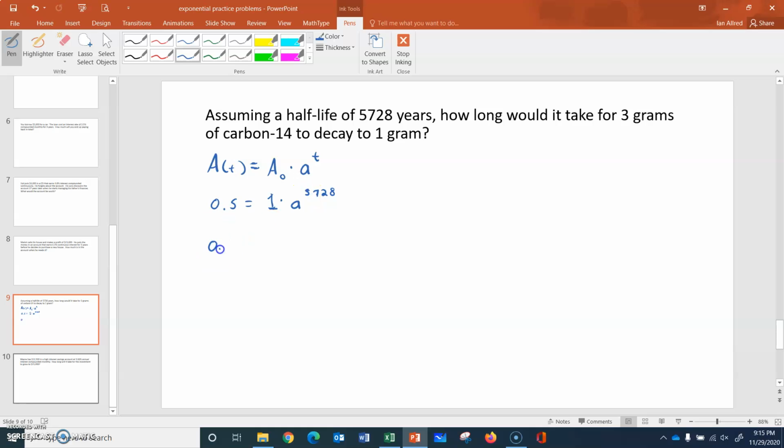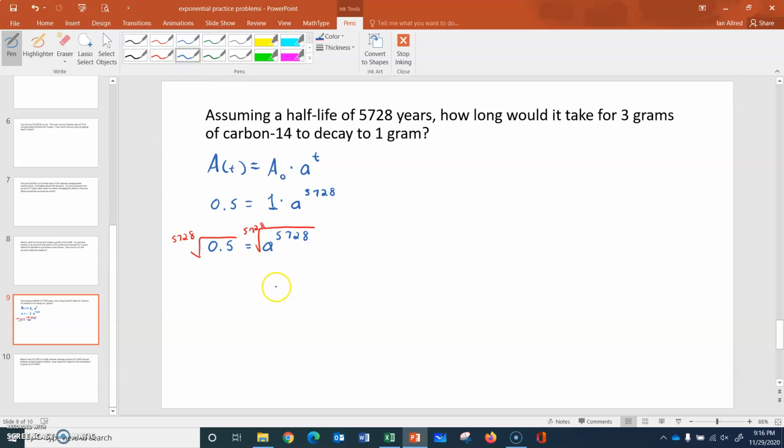So more or less we got 0.5 equals a to the 5,728. And how we did this before was we had to take a root of both sides to find this little a. The 5,728 root. So we're not going to find anything too super here.